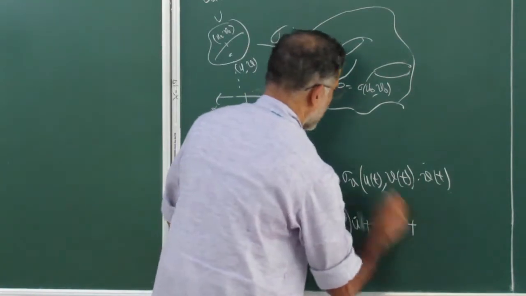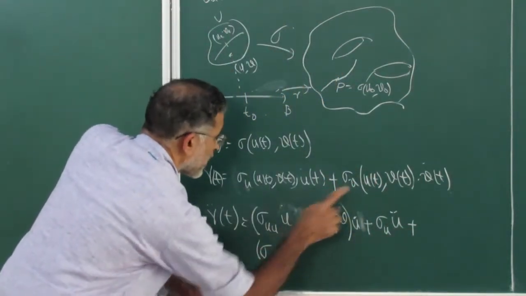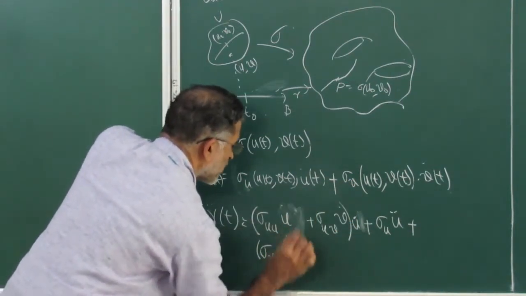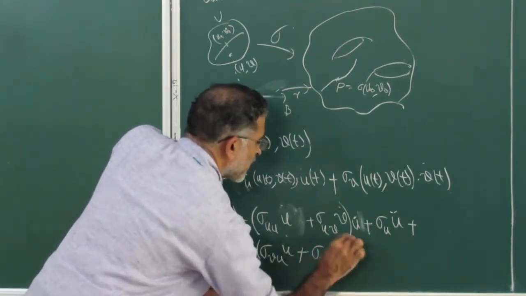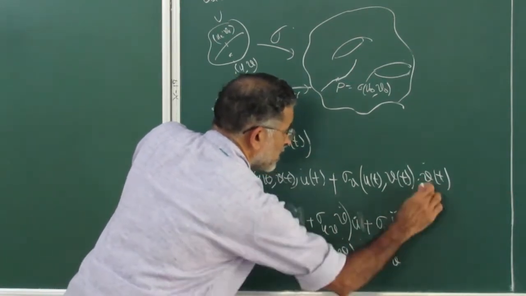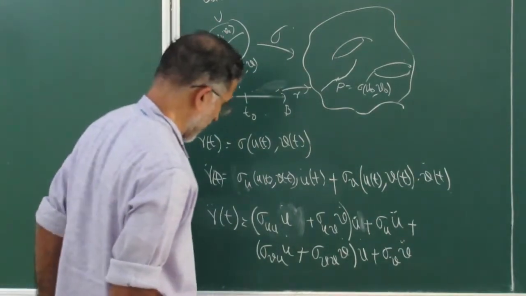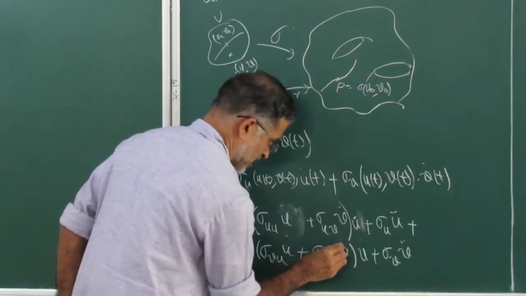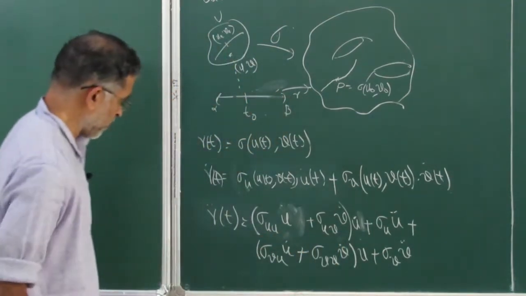Plus similar thing here. So now you must be knowing. So this is sigma v with respect to u dot plus sigma v with respect to v dot into whatever v dot plus sigma v this v double dot. So that's how you do it. Chain rule. It's basically chain rule. You can write the matrices and then see exactly this is what happens. Well, calculus is important for doing this.